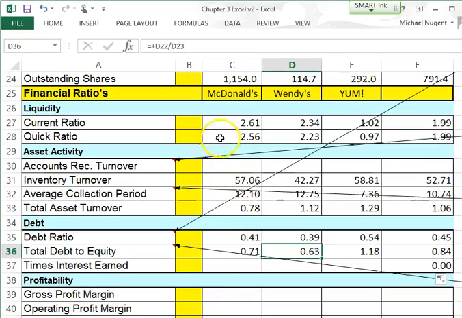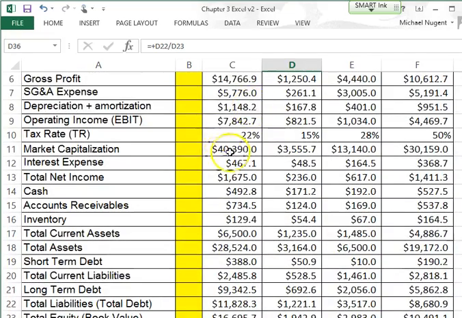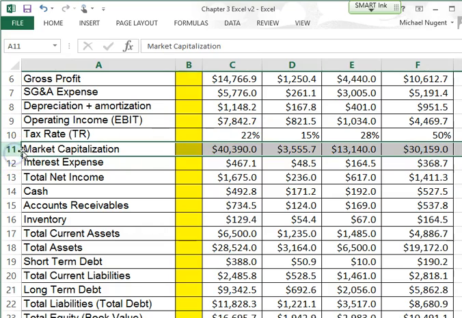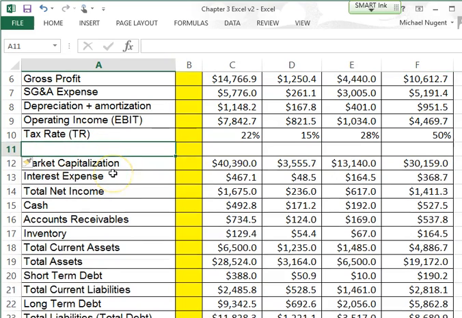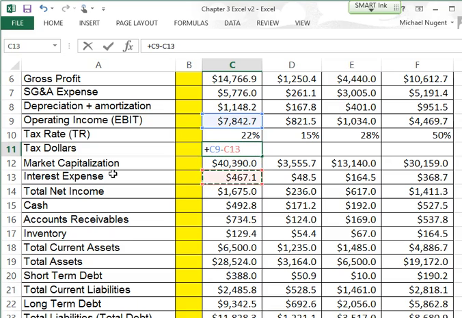Okay, so in this spreadsheet, I have given the EBIT, so I should really calculate the taxes. I'm going to actually create a line here. You can't do this, but I'm going to at least give your tax number. Tax. And I'm going to take the EBIT, subtract out my interest expense, right?